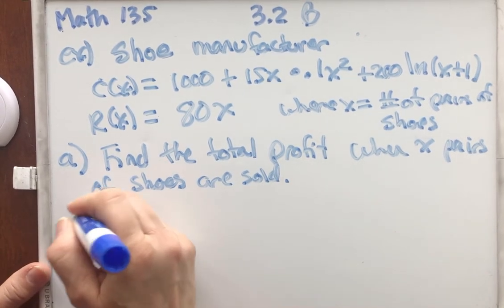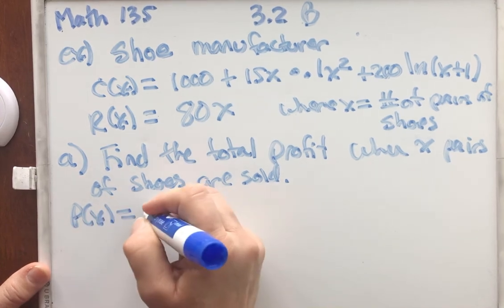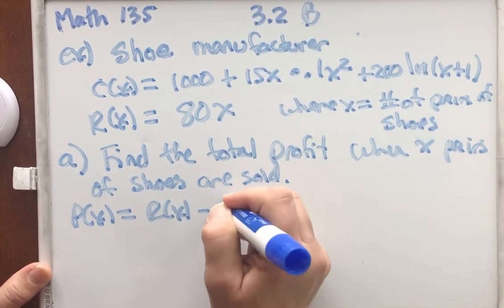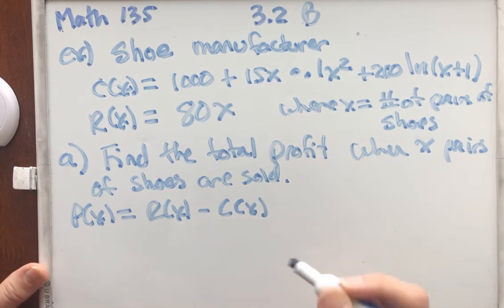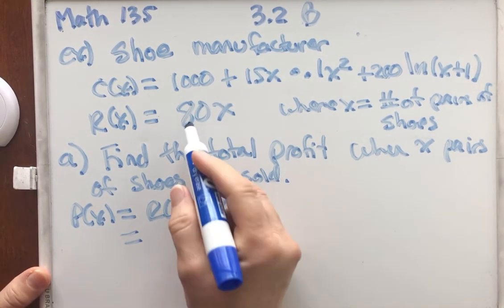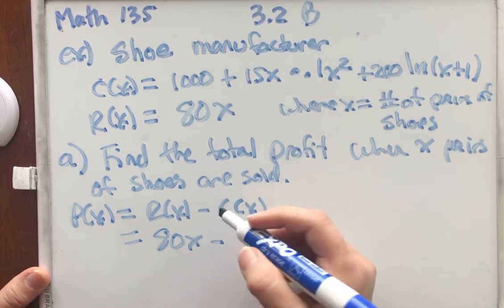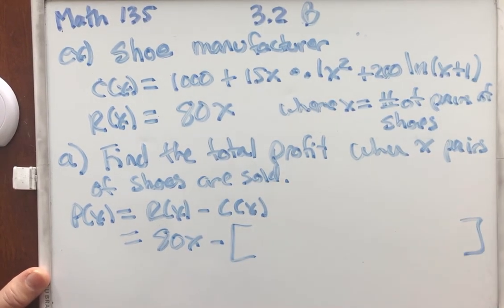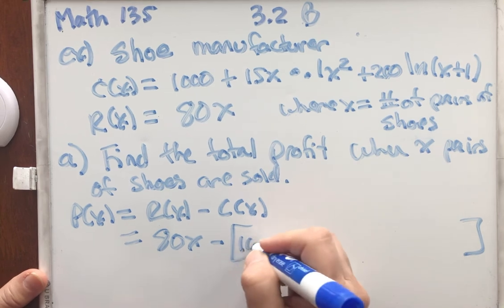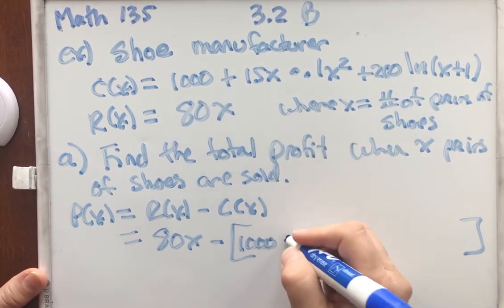Well, again, we know P of x equals R of x minus C of x. To find the total profit, R of x is 80x minus, now we have all this to subtract, so we're going to put big parentheses, and we're going to go ahead and put in C of x.